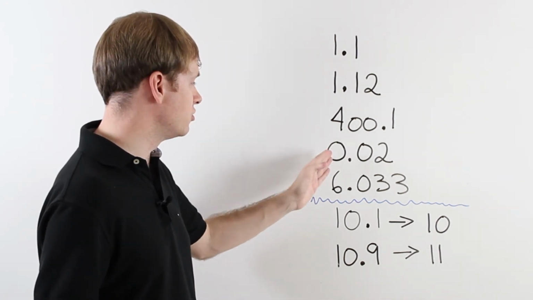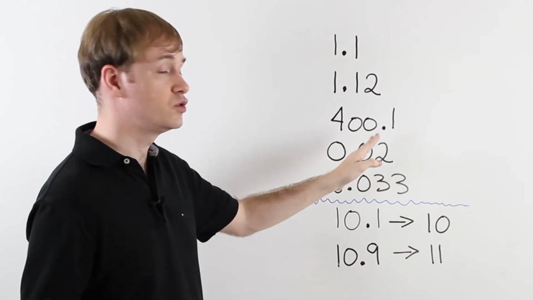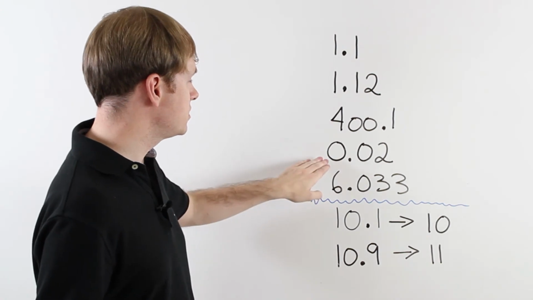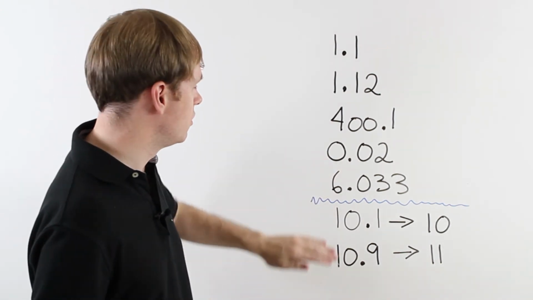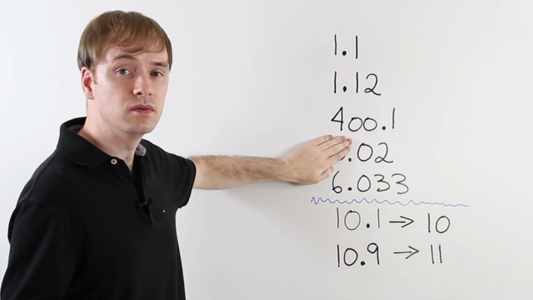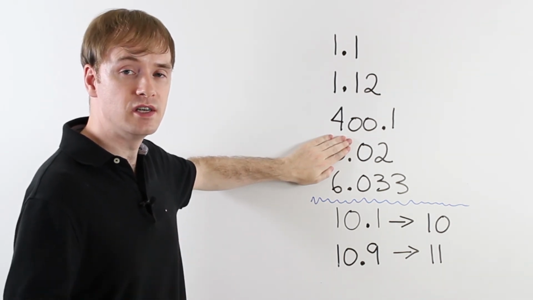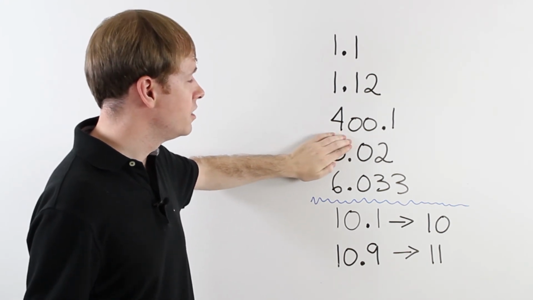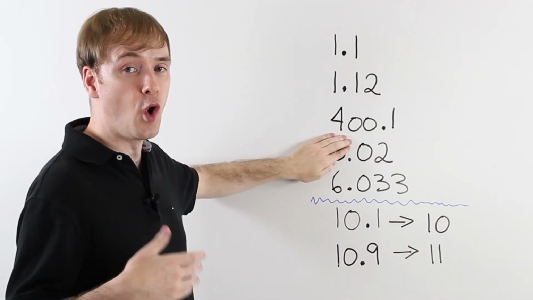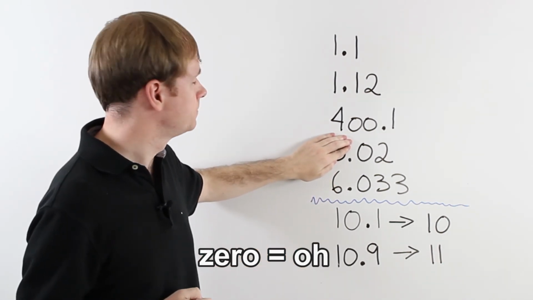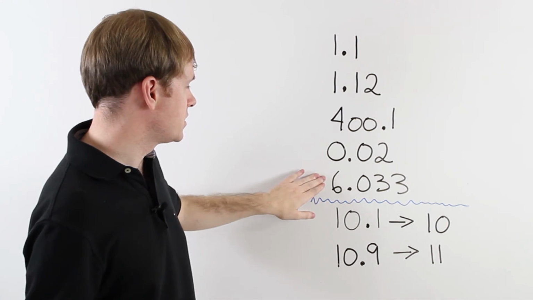You could say 0.02, or another common way, because it starts with a 0, we just start with the point. So some people say point 0 2. Okay? Now remember, 0 can also be called O. So you could say O.02.